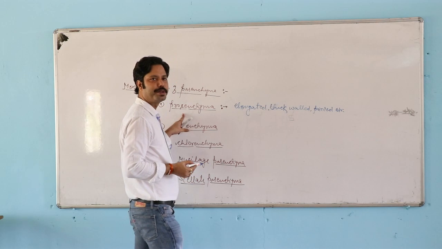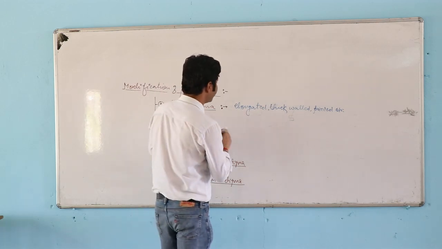Basically, prosenchyma is present in the pericycle of root.